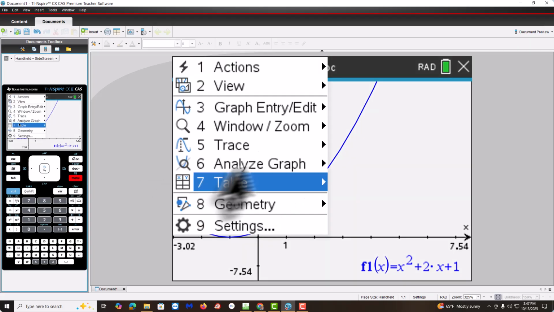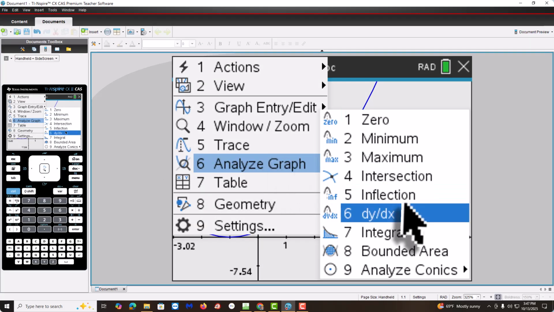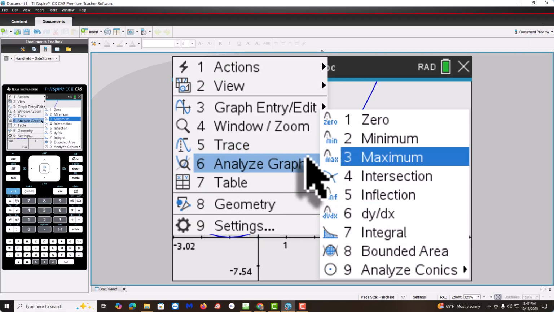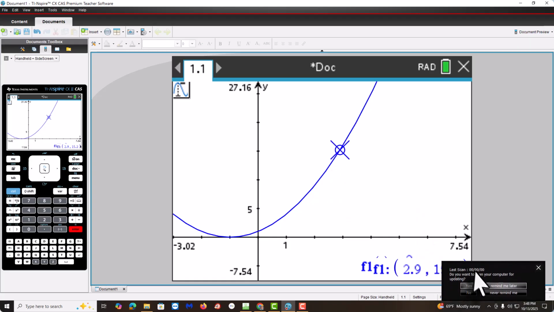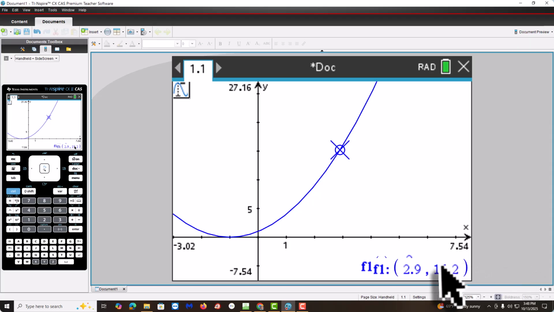So one thing we're going to do is trace a graph. Okay, 2.9. Now here, notice this precision is not good enough. So I'm going to come over here. I gotta love technology.